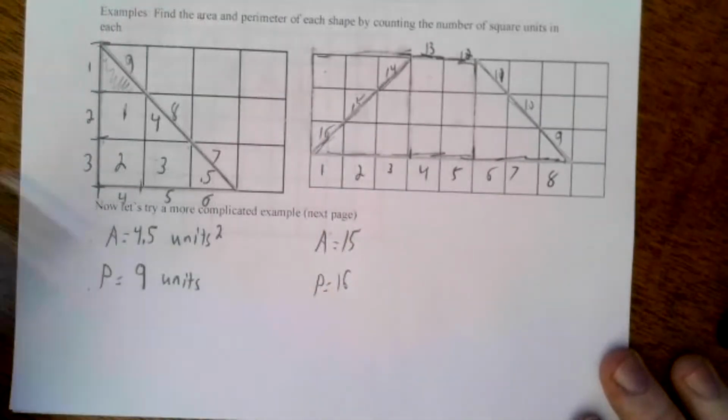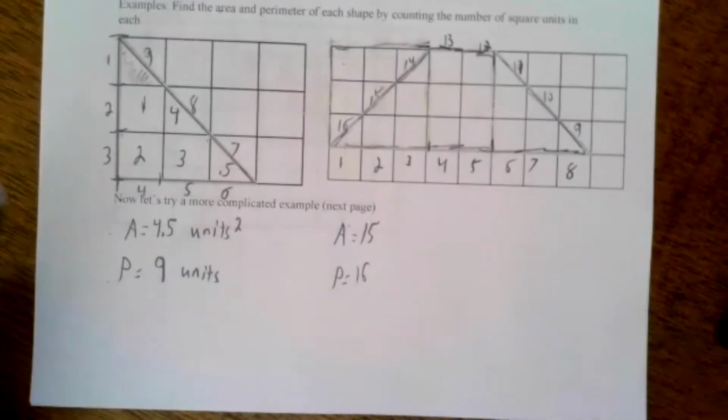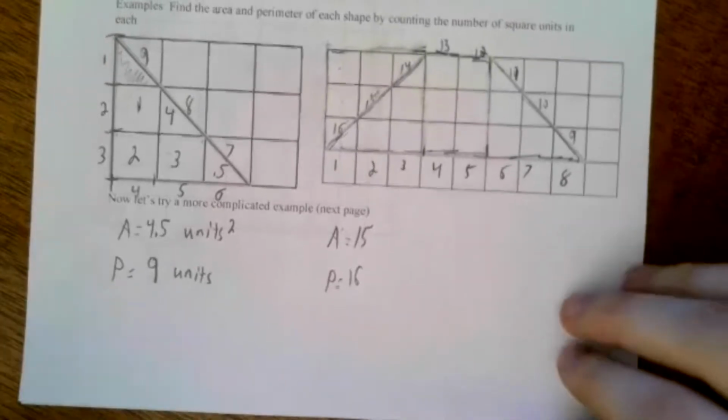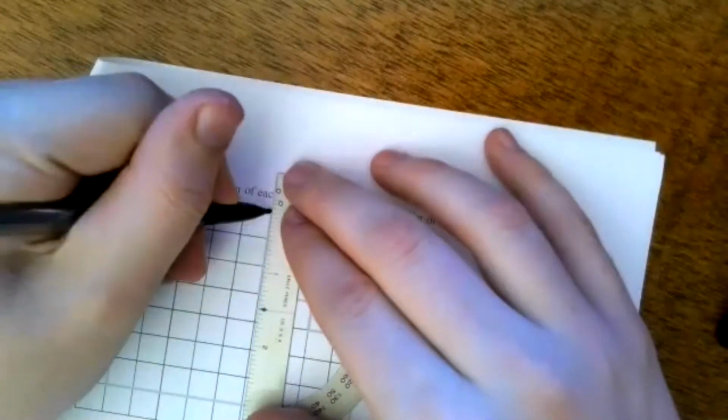Okay. Right. Does anybody have any questions on how I found those? Okay. All right. So let's look at this next shape then. So it's a little hard to see on mine, so let me just retrace it here.